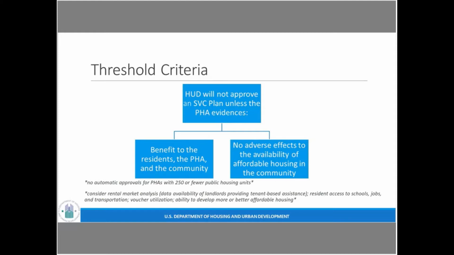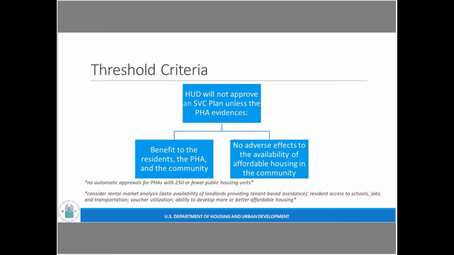The important thing to keep in mind here is that every single public housing authority with 250 or fewer public housing units who agrees to close out is eligible to apply for Streamlined Voluntary Conversion, but it's not an automatic approval if you have that unit count. SAC is going to look holistically at housing authorities' SVC plans.